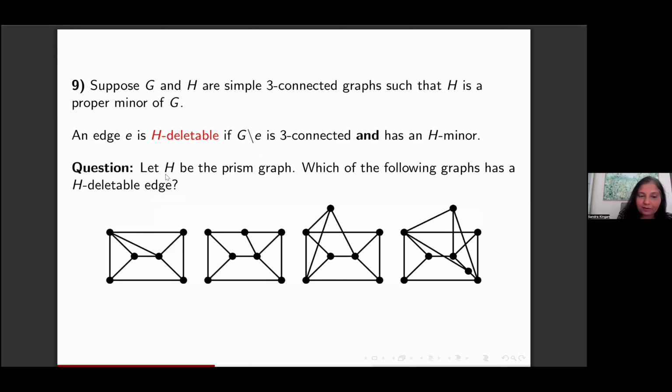I have a little question here. Let H be the prism graph. Which of the following graphs have a deletable edge?